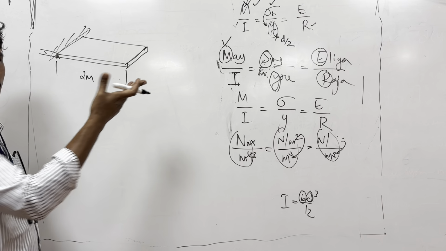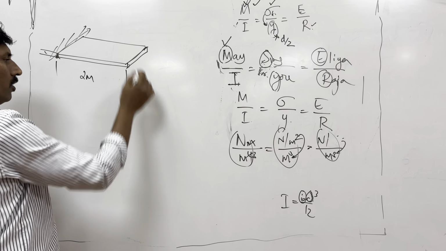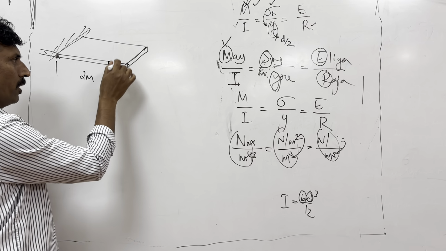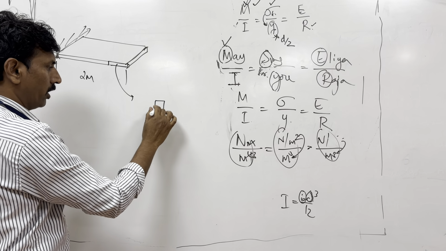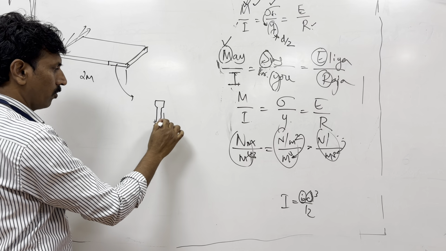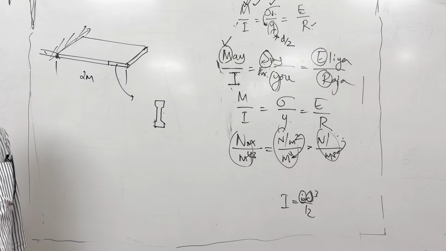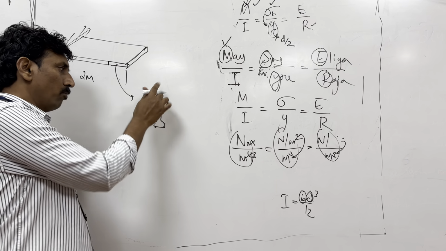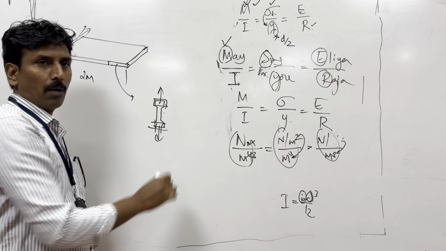And imagine that there is a plastic or wood or something, and suppose I take a piece of that and do a tensile test on that specimen, like this, guys. Now the tensile test specimens are like this. Both sides are held like this and load is applied.